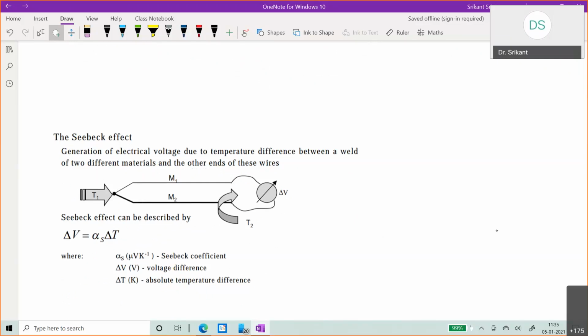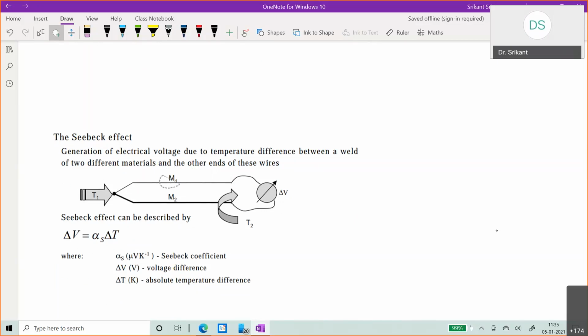Okay, it will go from one junction to another junction. And this actually arises from the band structure. Just like I talked about the conduction band, valence band, and Fermi level and all that, it's the same physics that creates this motion of carriers.